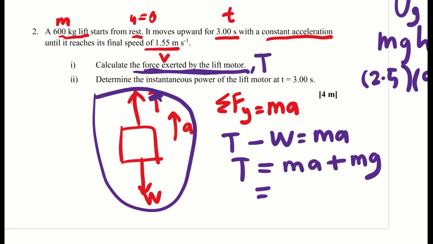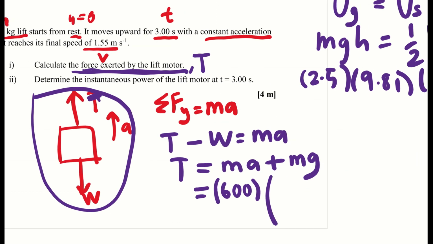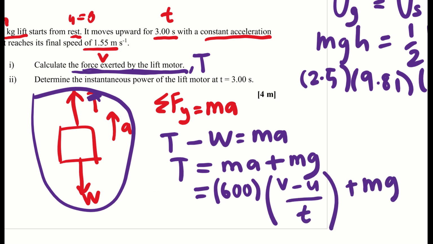The mass is 600. The acceleration here, we don't have the value, but you can find it from the equation v minus u over t, plus mg.